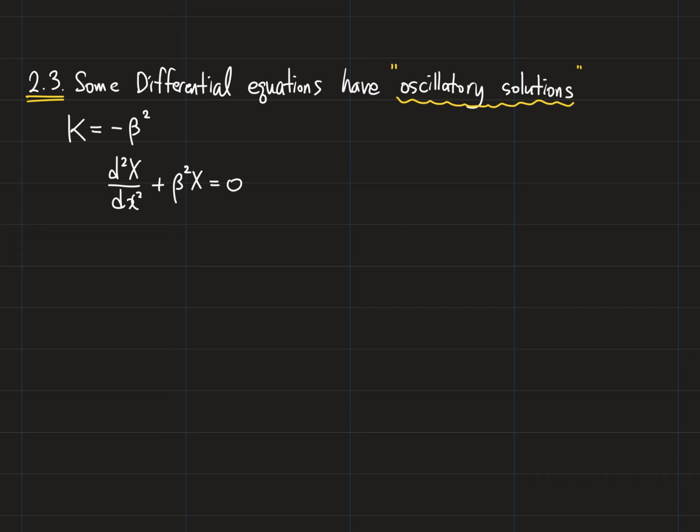So this is a linear second order ordinary differential equation with constant coefficients, right? So we already know how to solve this problem. We have done this just on the previous page.